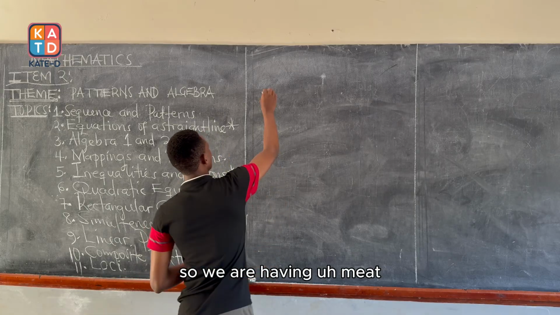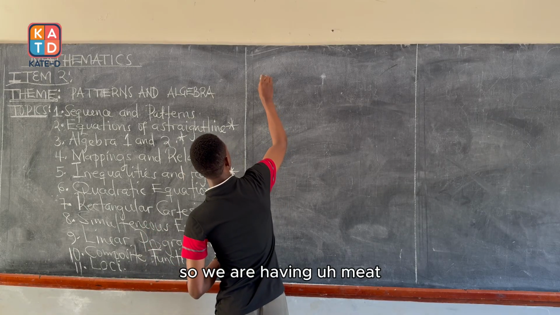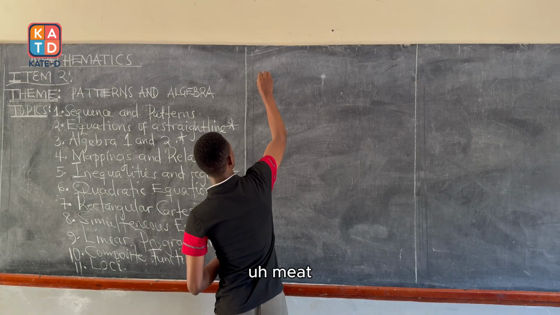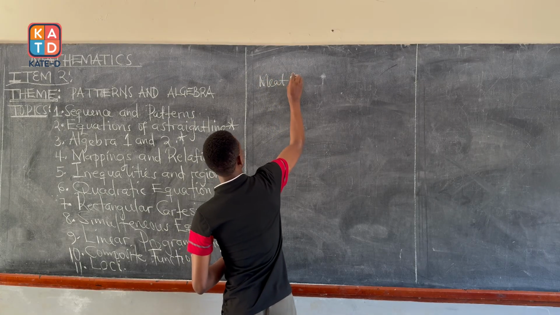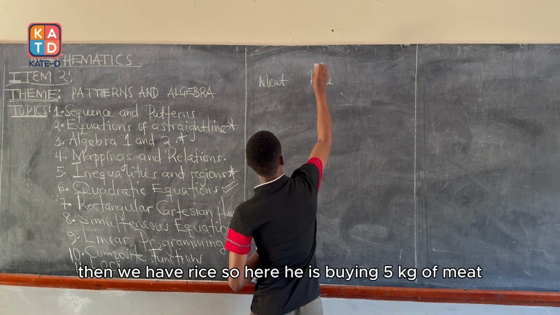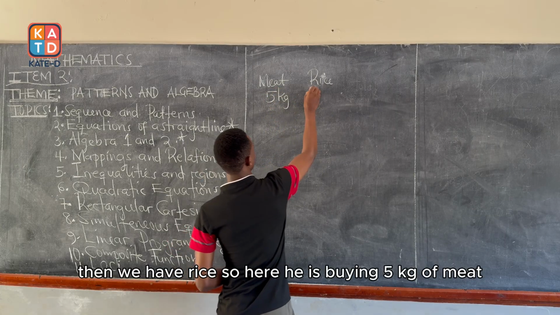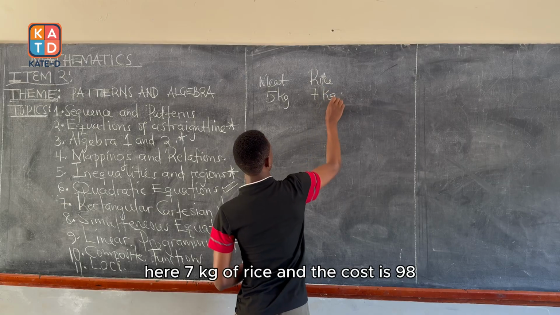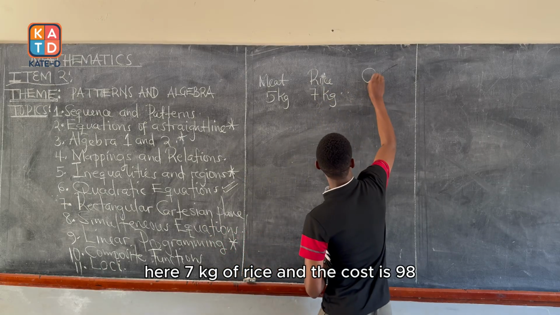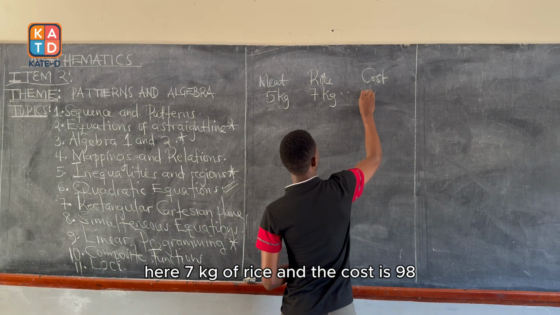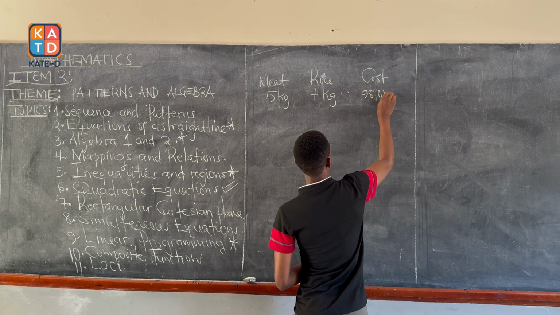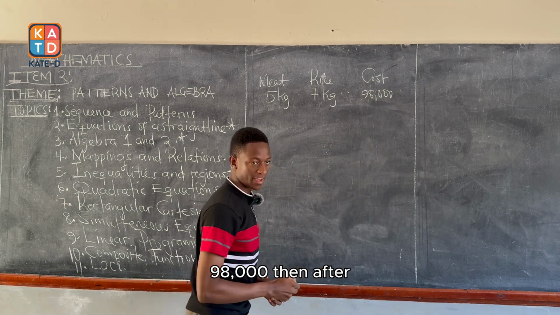So we are having meat, then we have rice. So here he is buying 5 kilograms of meat, here 7 kilograms of rice, and the cost is 98,000.